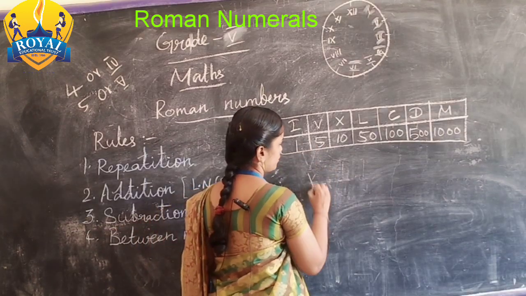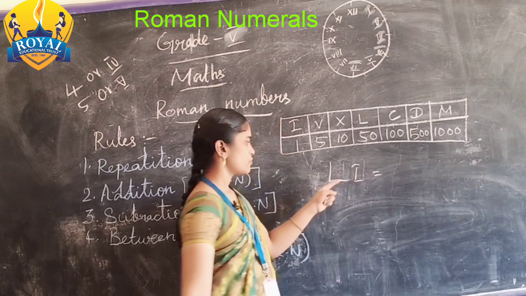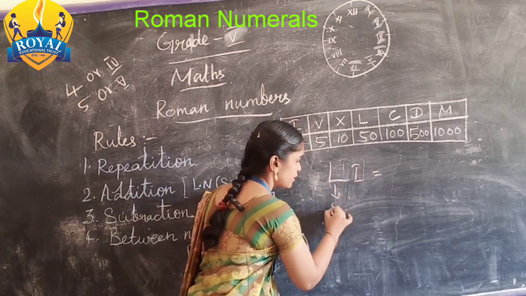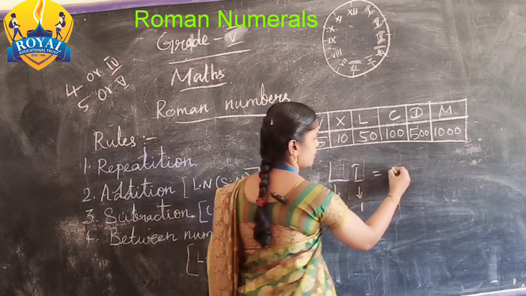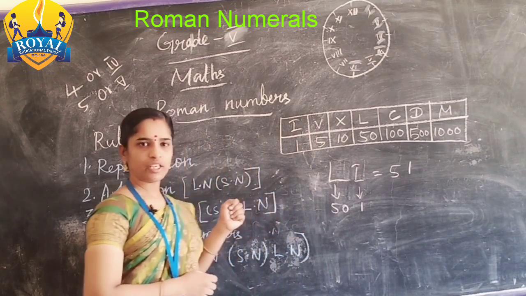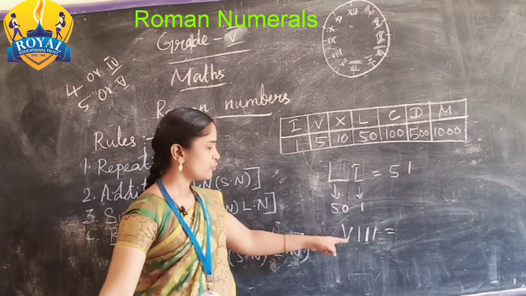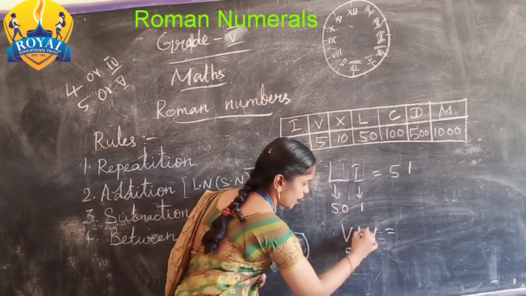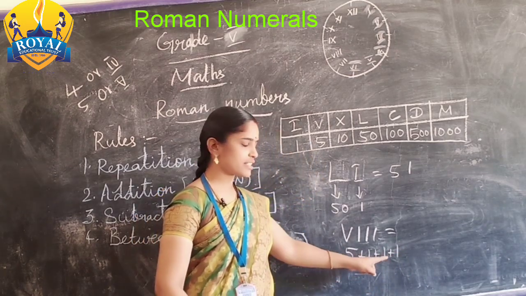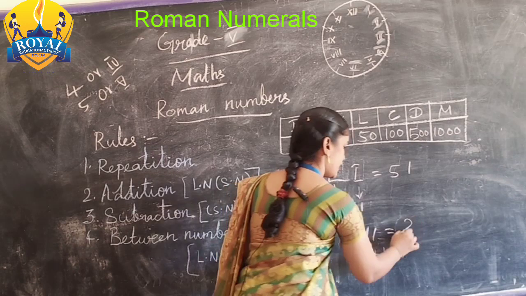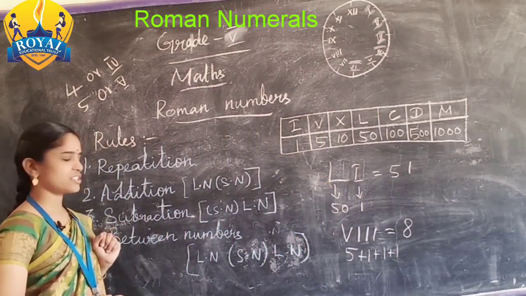LI: here L indicates 50 and I indicates 1, so 50 plus 1 is 51. VIII: here V indicates 5 and I plus I plus I, that is 5 plus 1 is 6, 6 plus 1 is 7, 7 plus 1 is 8.